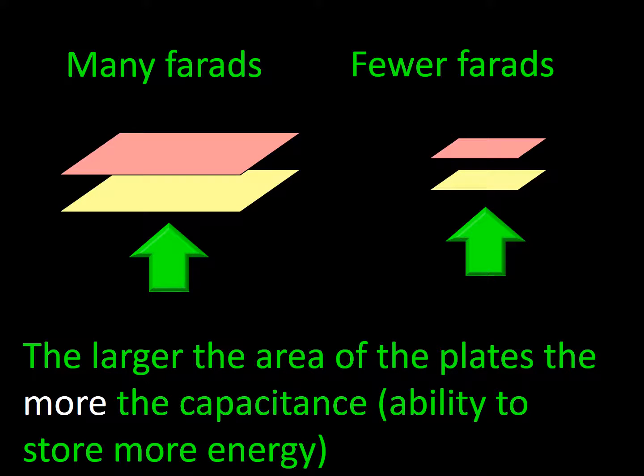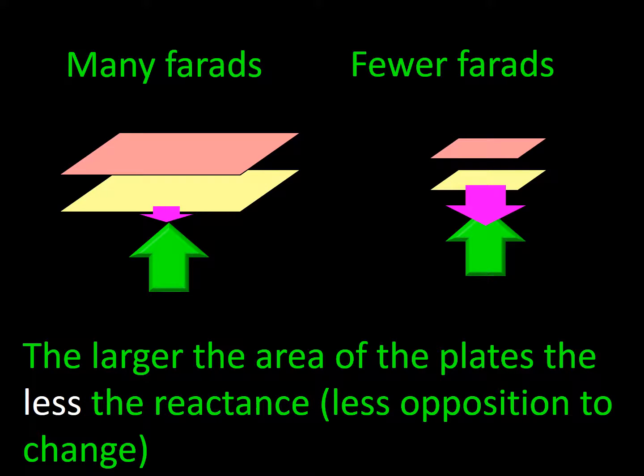The larger the area of the plates, the more capacitance a capacitor has. That is, the more ability to store energy for a given voltage. So the smaller the capacitor, the larger the capacitance reactance.